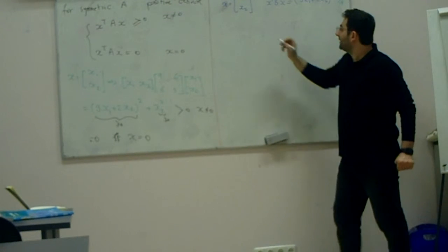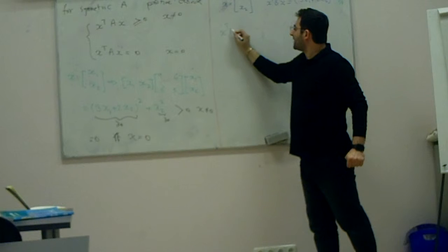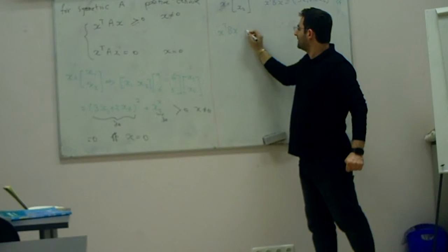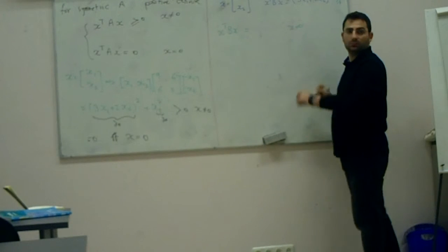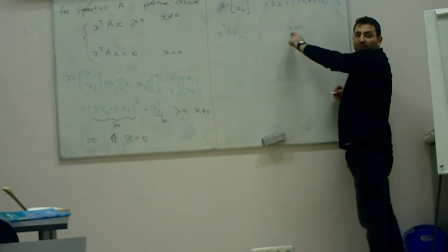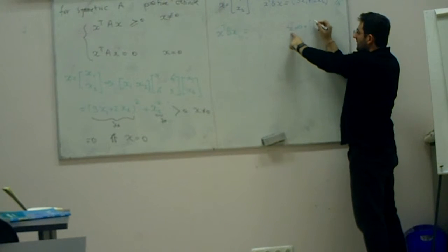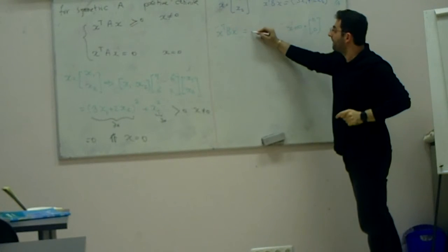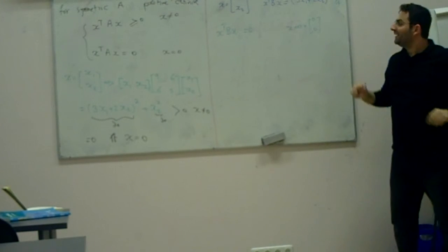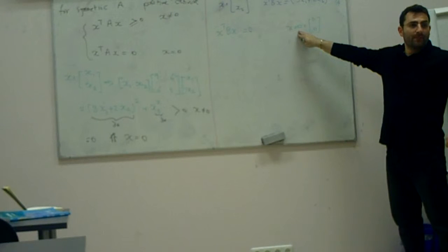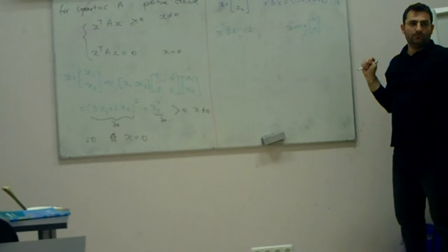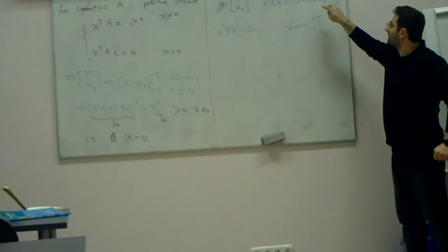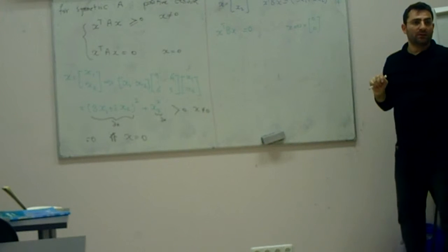But before that, can you tell me what x transpose Bx is if x is equal to 0? I put x as 0, it means this is 0, 0. I put it in here. What is the result? 0. Now, question. If x is not 0, do I get this expression to be equal to 0?